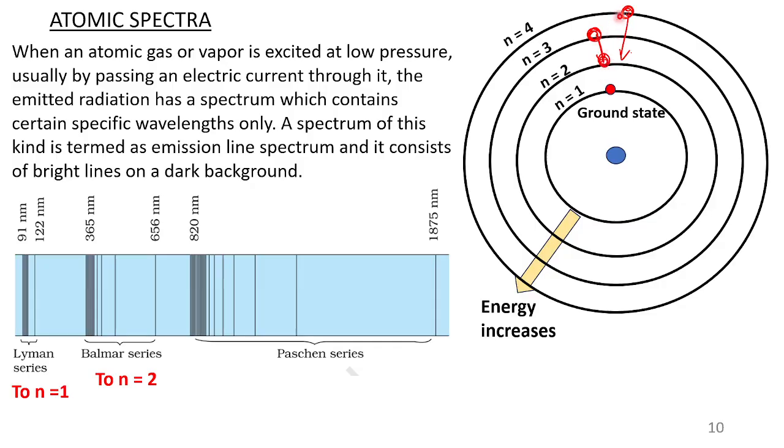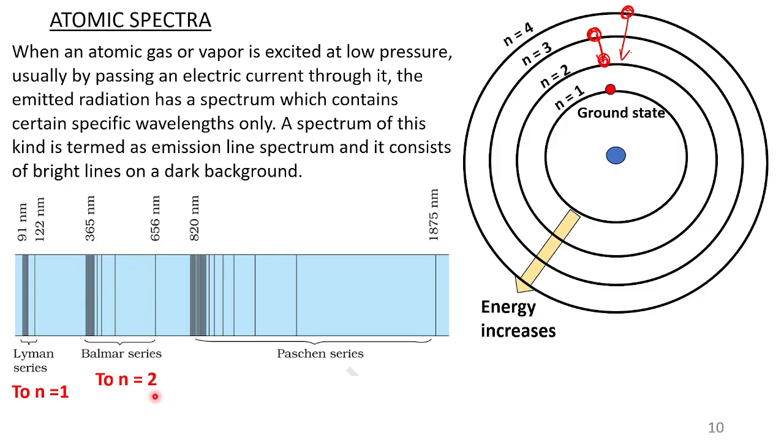There are various possibilities: 3 to 2 can be there, 4 to 2 can be there, 5 to 2 can be there. For each case we have many wavelengths. So all these wavelengths are said to be the Balmer series.